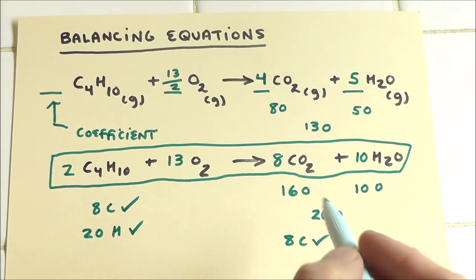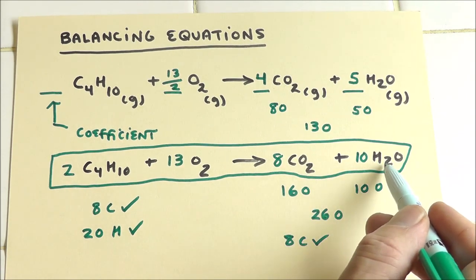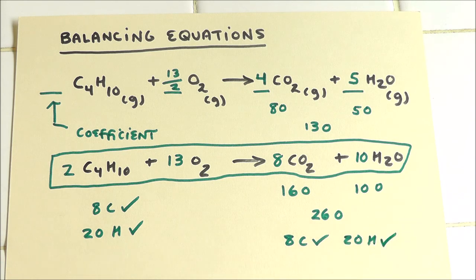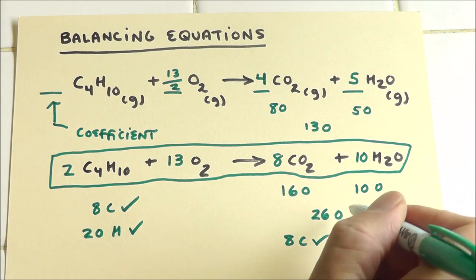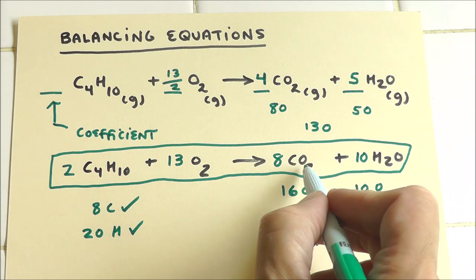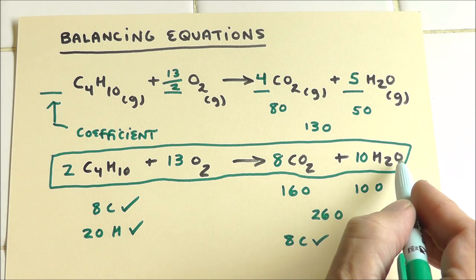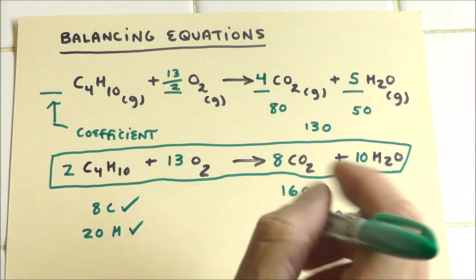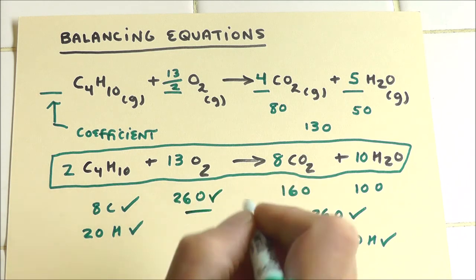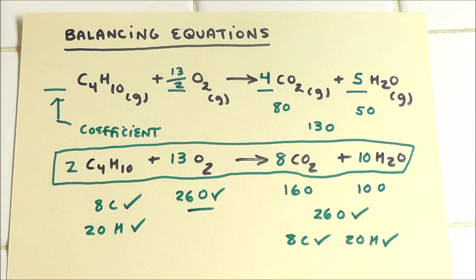And I've got, now you get right here, 2 times 10, 20 hydrogens. We already figured out that our oxygen's balanced. 16 there, 10 there, 8 times 2, 16, 10 times 1, 26 oxygens, 13 times 2, 26 oxygens. And now you can move on from there in your life.